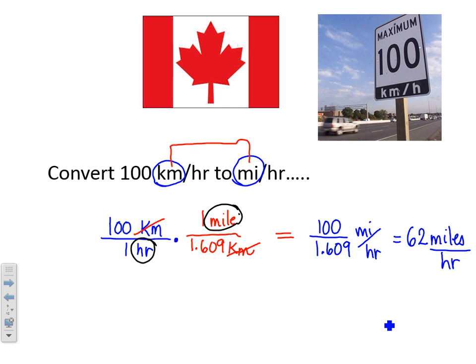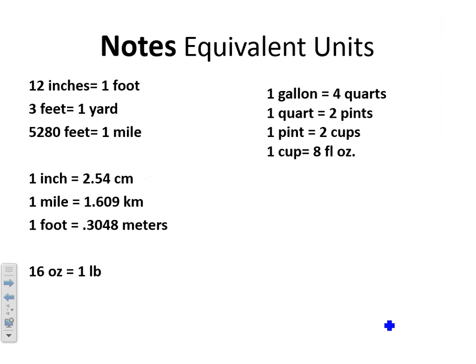And then one last slide that you want to take notes on. Some of these you might already know, and if you know them, you don't need to write them down, but I will expect you to know these for a test. So 12 inches is 1 foot, you know that. 3 feet in a yard, you probably know that. 5,280 feet in a mile, that's probably something we know.